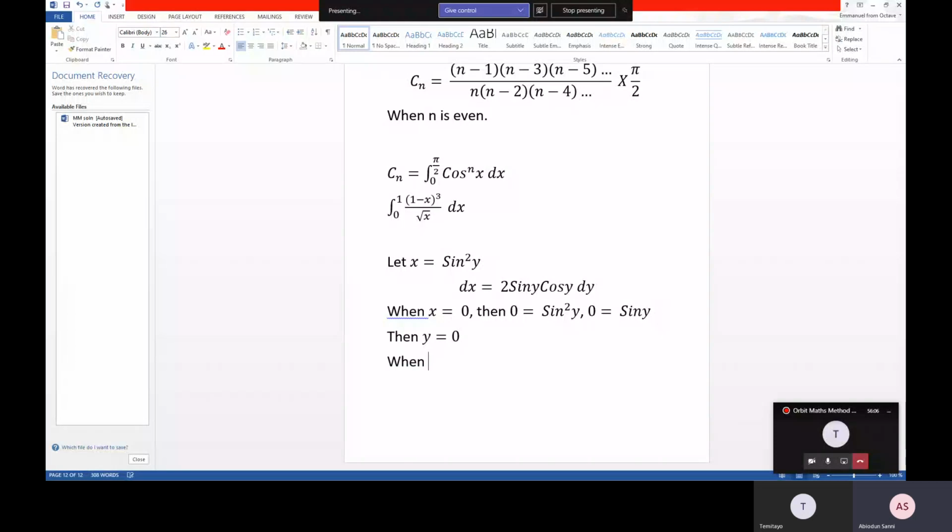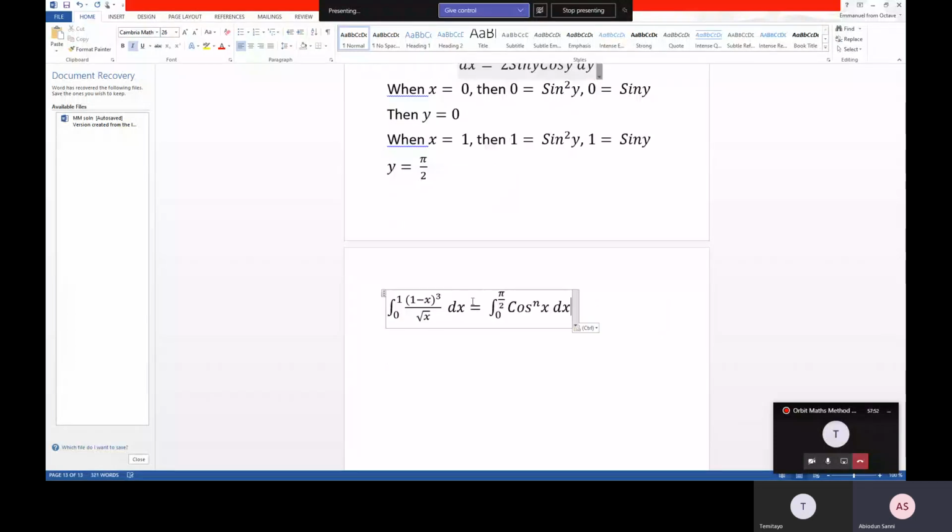And say this is now equal to the integral from 0 to pi over 2 of, so let me copy this one here, then into 1 minus x.